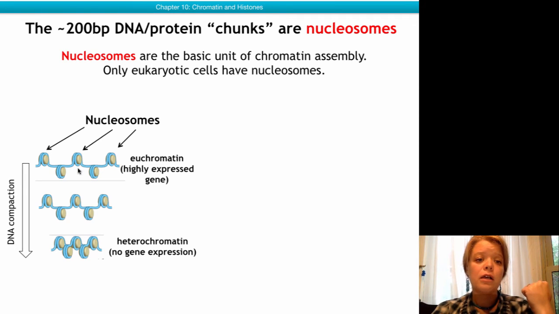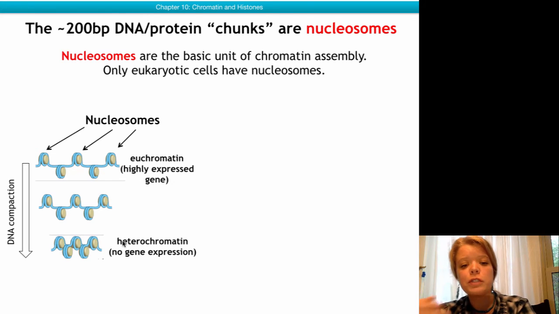When there's a lot of open uncoated DNA in between nucleosomes, it is an area of euchromatin where highly expressed genes are present. And if the nucleosomes have been packaged very, very densely, actually far more densely than you see here, it is an area of heterochromatin where little gene expression can occur.